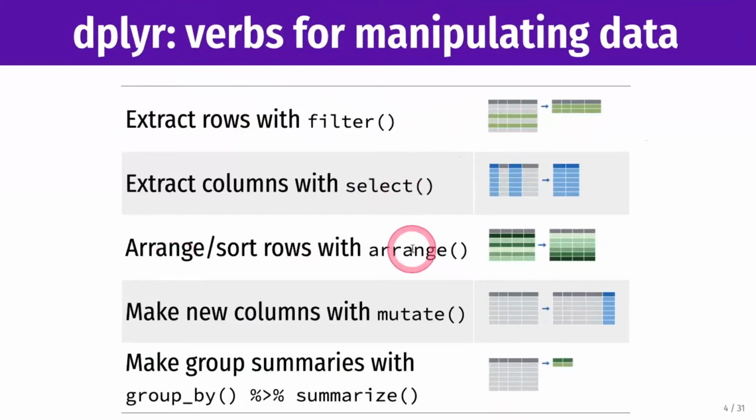You can arrange the data set and sort it by using arrange. You can make new columns using a function called mutate. And then this right here, if you've ever used pivot tables in Excel, this is basically pivot tables for R. You can make groups within your data and then summarize. So you can get group averages or group sums, a whole bunch of other things. We won't talk about that today.